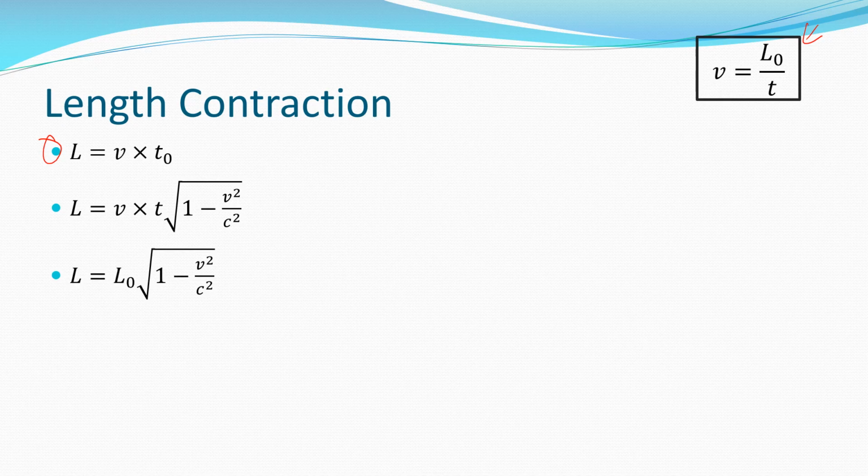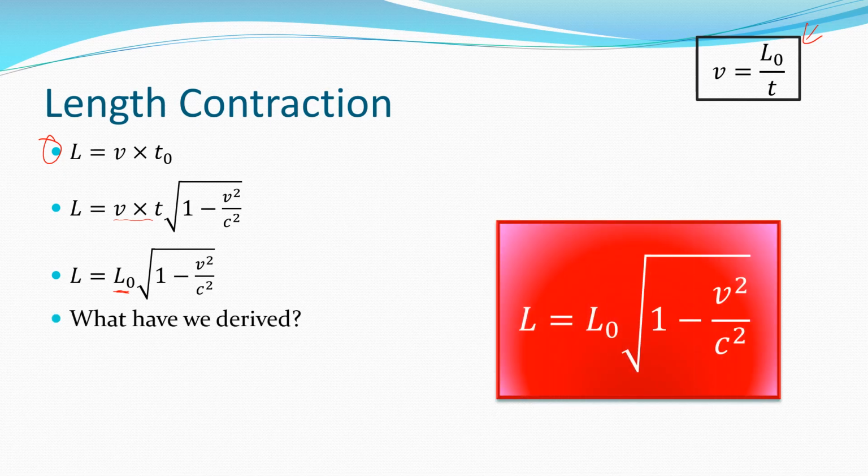We know that velocity times time, this bit here, relates to our previous equations on the previous slide, and that is the proper length. And what does it start to look like we have now? It looks like we have a similar formula to time dilation, but now we have one for length contraction. That's what we've ended up with.